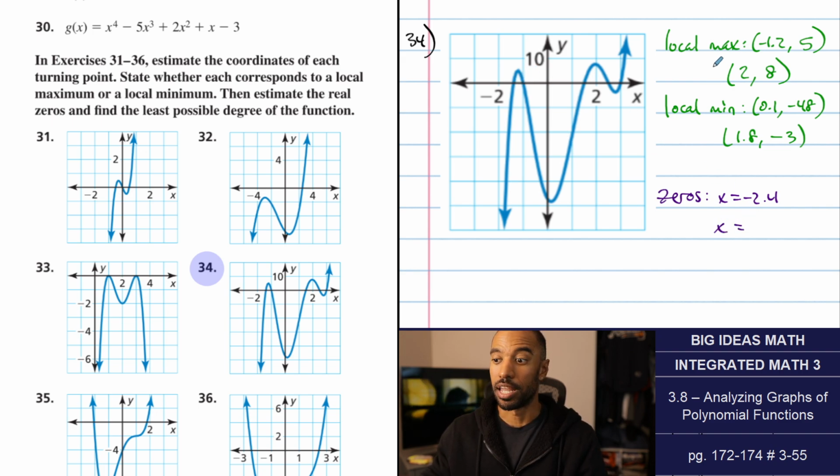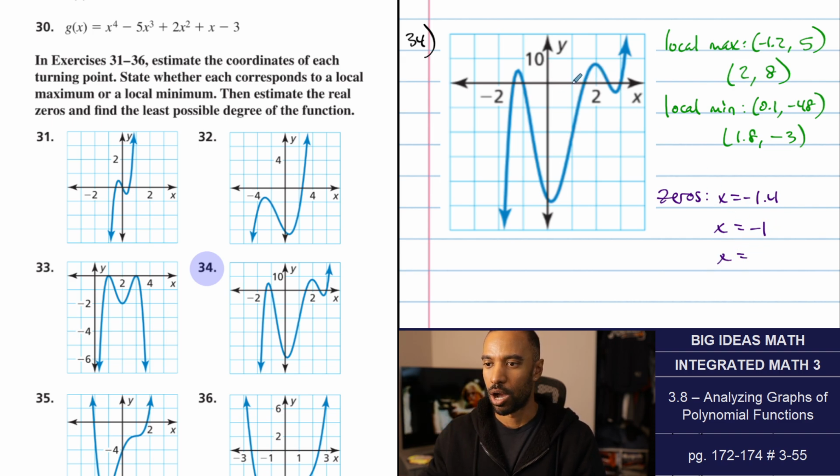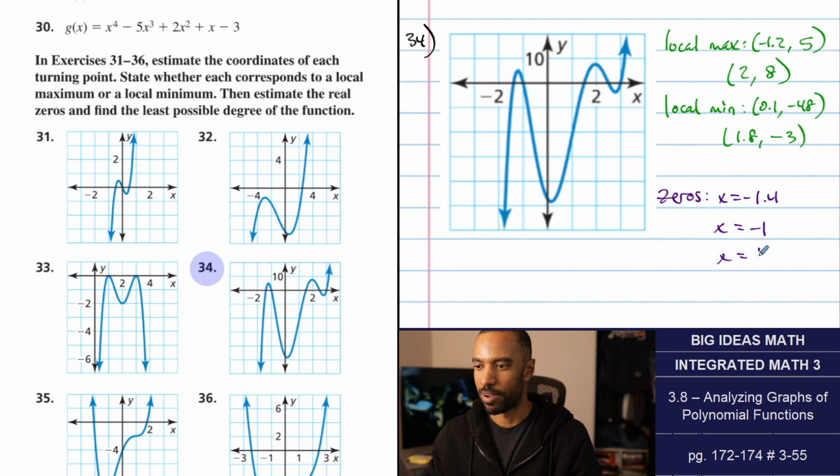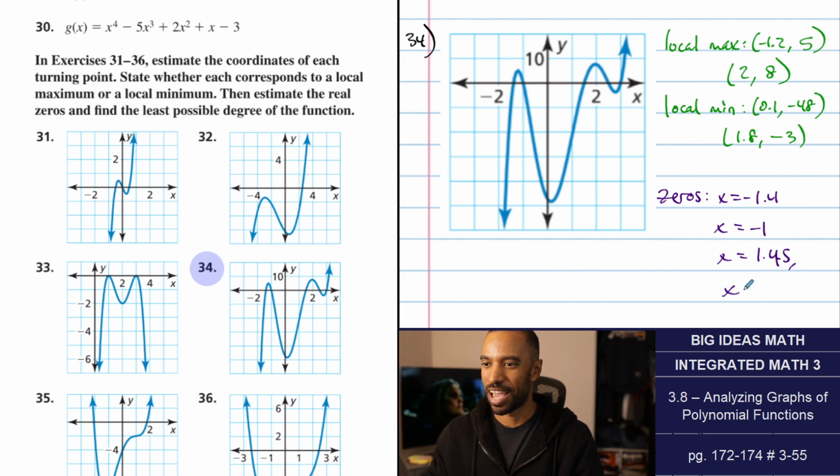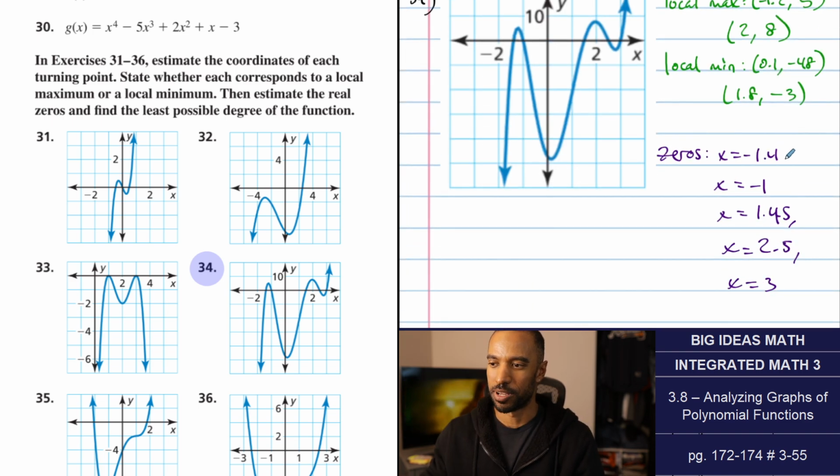Negative 1.4. I just looked at 2, it was staring me in the face. X equals negative 1. How about 1.45? I don't know. And x equals 2.5. And x equals 3. Those are my estimations there.